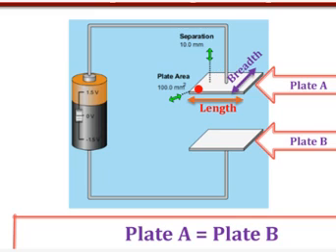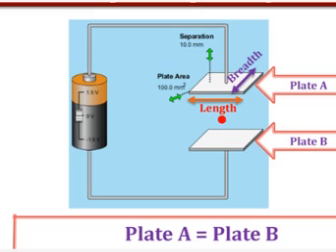Is that okay? So take note of that. That takes care of the area of a parallel plate capacitor. If the plate is rectangular or square in nature, then the area of that capacitor is length times breadth.